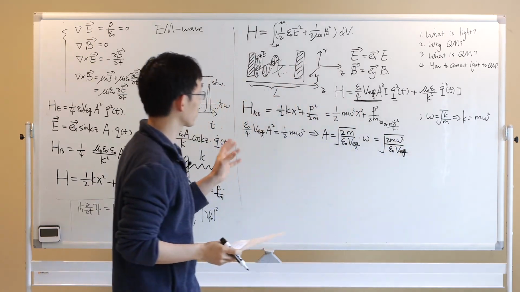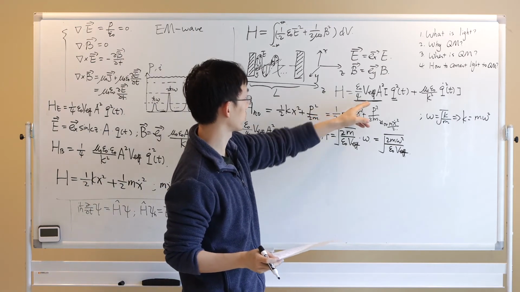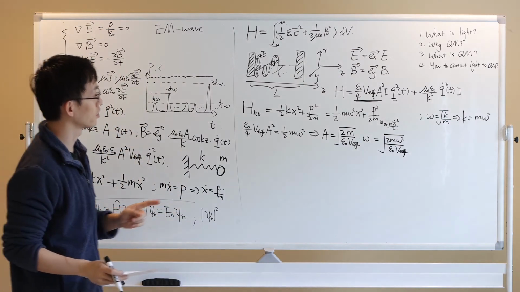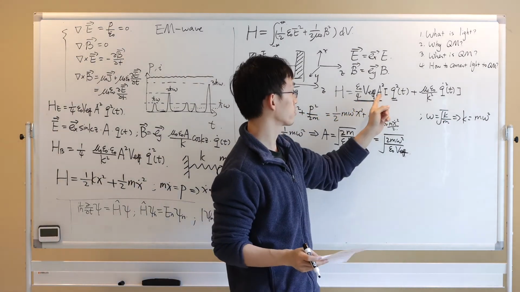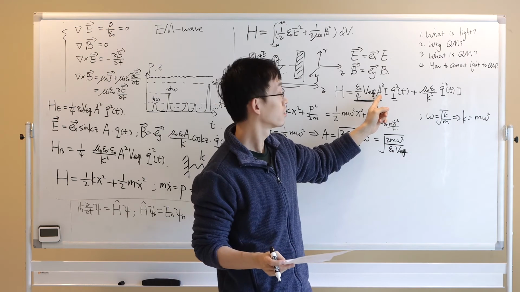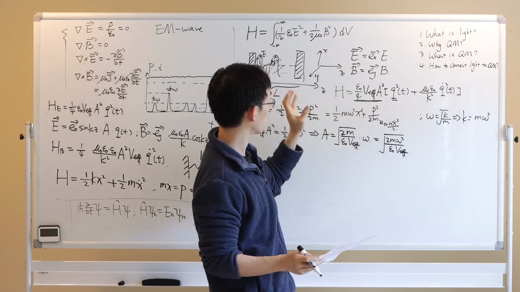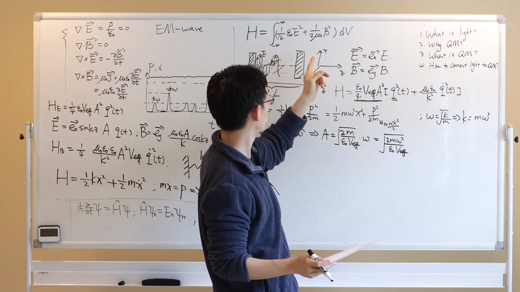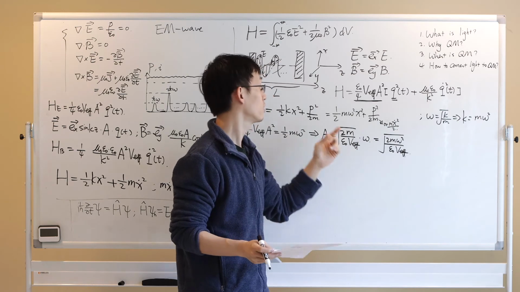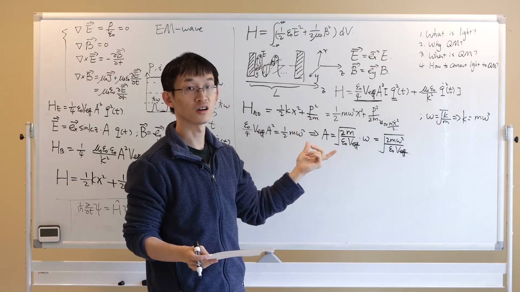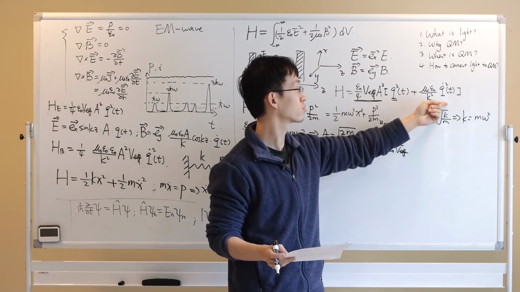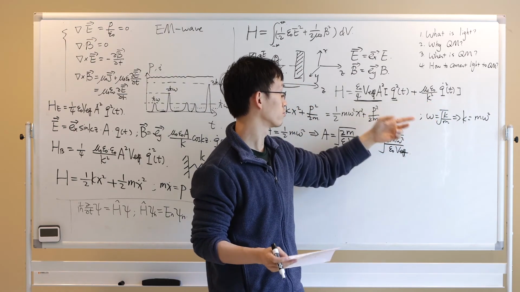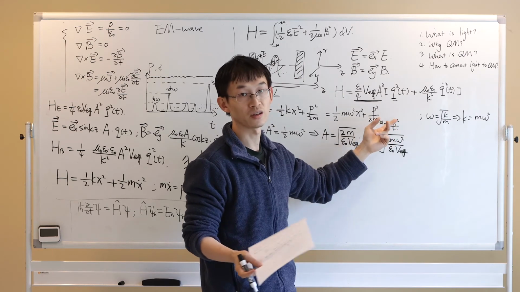When you make this definition, the first term of your Hamiltonian naturally becomes the same. Now the critical part is that there's only one free parameter, that is A. So whether this comparison between the EM wave in the cavity and the harmonic oscillator works or not solely depends on this term: does it transform to p squared divided by 2m, or does it transform to this? Either one works.